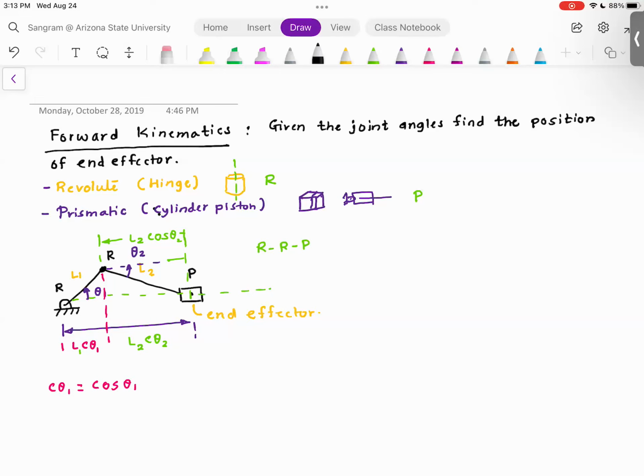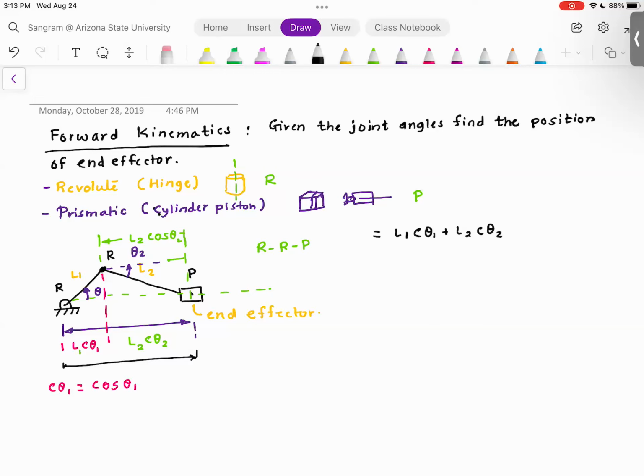So L1, L2. So this distance is L1 cosine theta 1 plus L2 cosine theta 2. Everyone understood this? Now, there are multiple ways of looking at this problem.